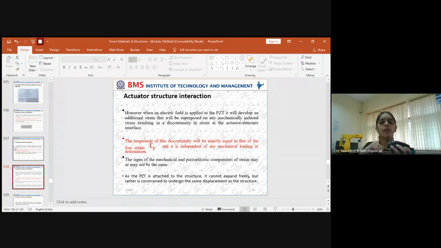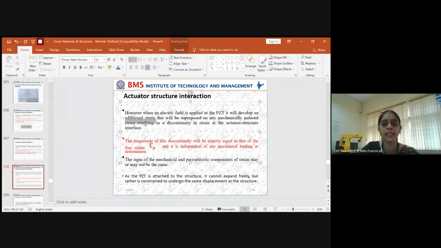So we are checking all the possibilities which can come into the picture. Due to this type of combination, it always develops the additional strain, which will be superimposed with the mechanically induced strain on the structure.